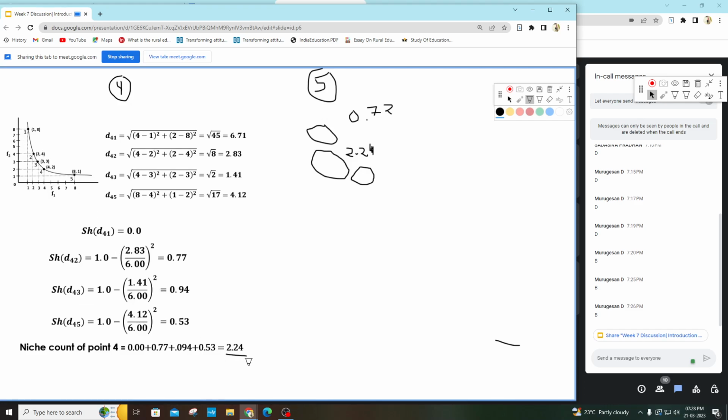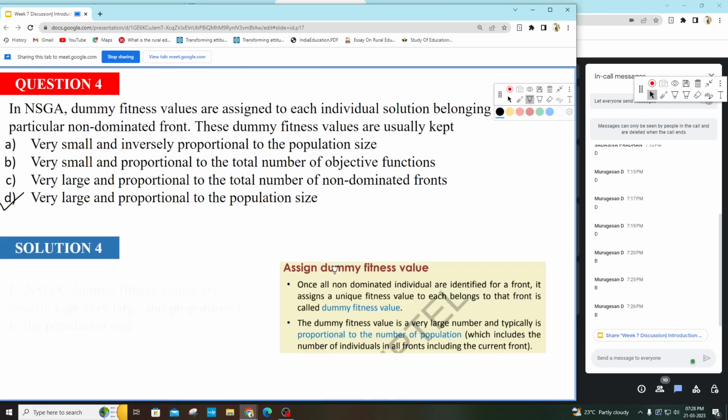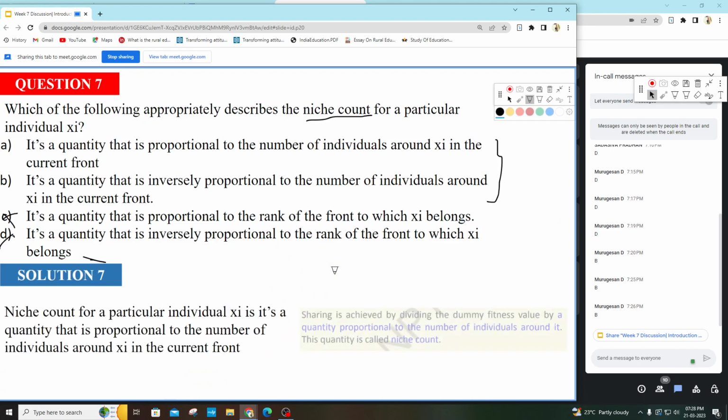So niche count is proportional to the number of individuals around the solution in the same front. Your option should be the quantity proportional to the number of individuals around the current front. Your option should be A.